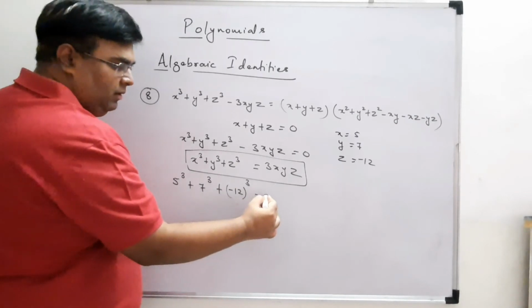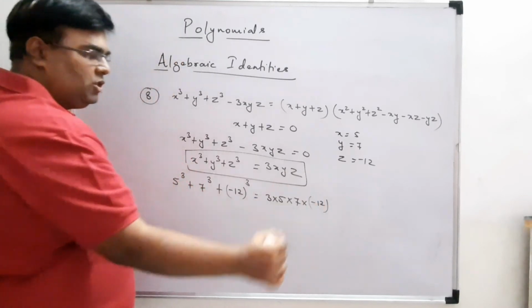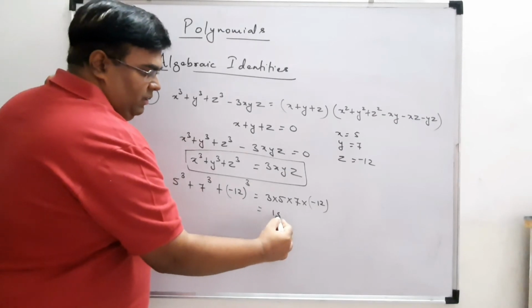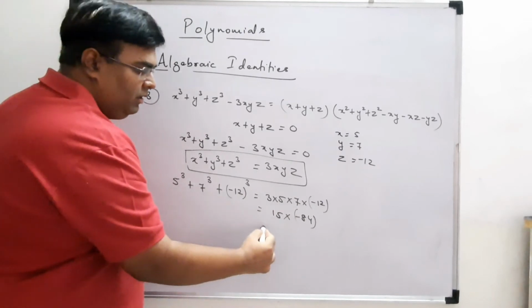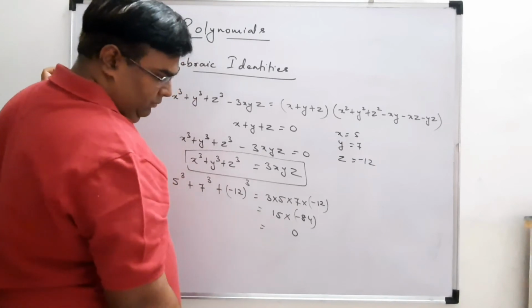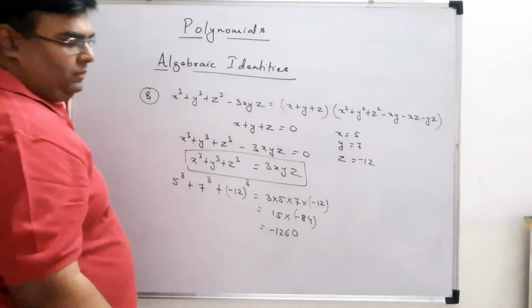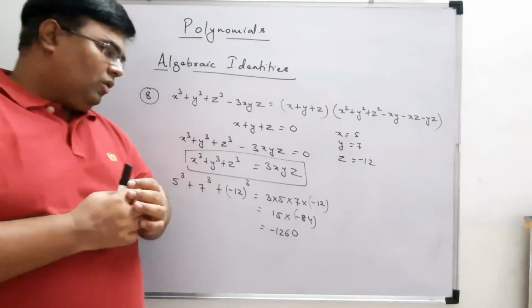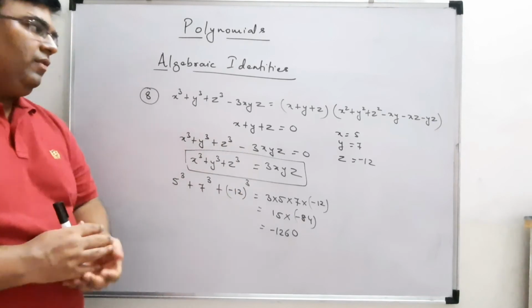It will be simply 3 times 5, 7 and minus 12. So it will be 15 multiplied by minus 84, and then you can simply multiply 15 and 84. Check the value. I have just done it mentally, so it may be wrong, but fine. You can check it.